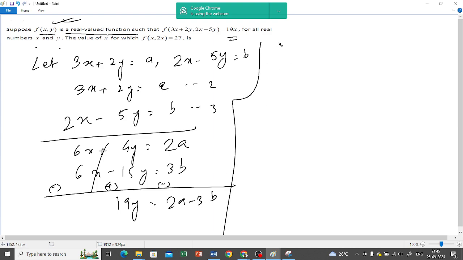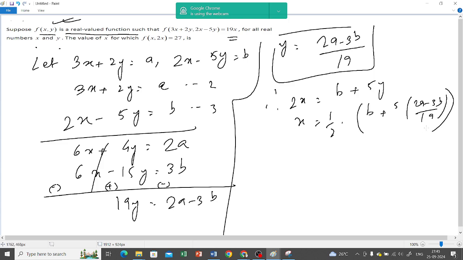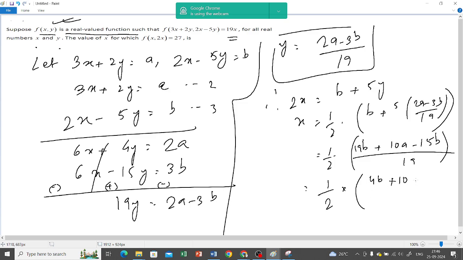This is what we have as 19, and so we have x and we have y.